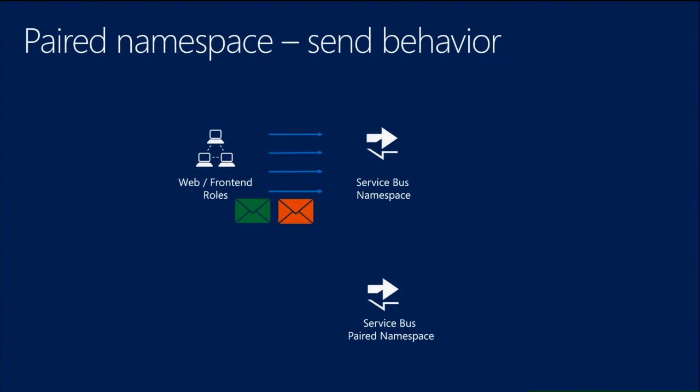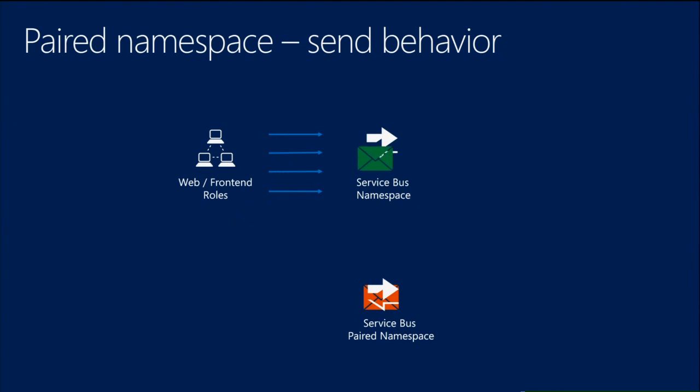The way that it works is we try to send a message into that first namespace, into any entity, and if that doesn't work for whatever reason, we go and send that into the paired namespace, into effectively a shadow copy of that entity. So it goes into the shadow copy of the queue, if you will.